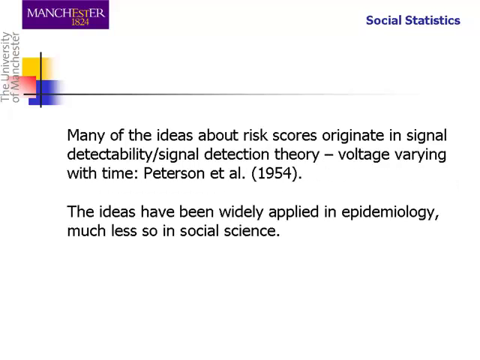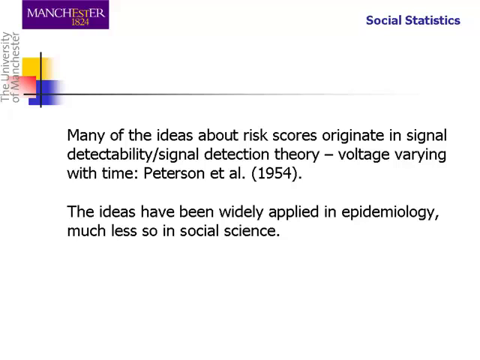In terms of the history of these ideas, they go back to work in signal detection, signal detectability, in the 1950s. This is where the ideas were first generated, really. I'm not at all familiar with electrical engineering, but basically what people were concerned with at that time was that they were observing varying voltage.